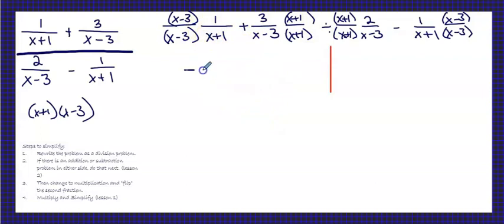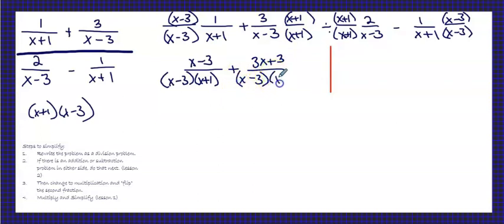Okay, so this one is going to be x minus 3, and then our common denominator, and then this is 3x plus 3. This side is going to be, we're going to multiply this 2 in.